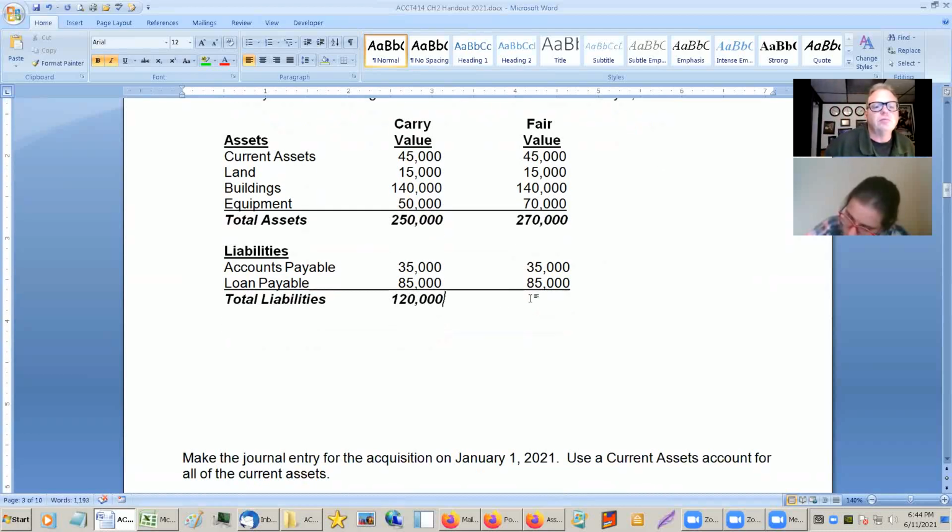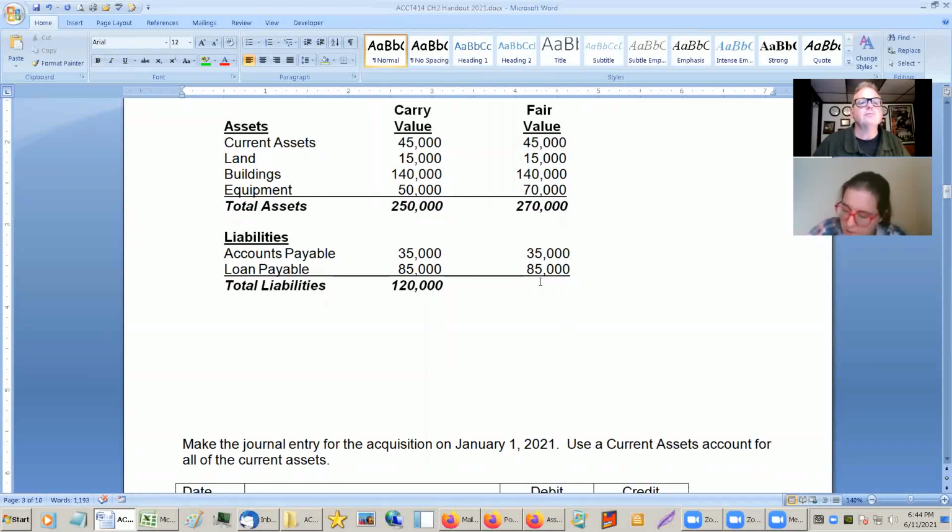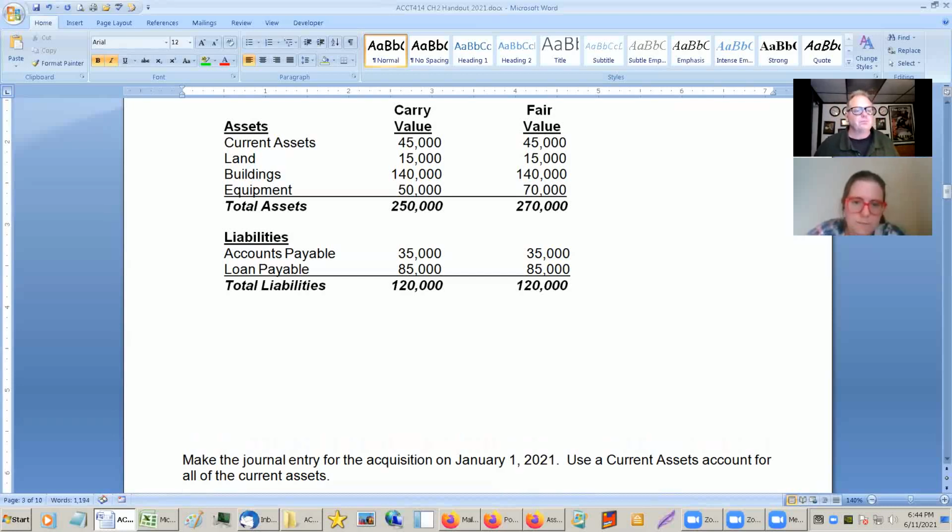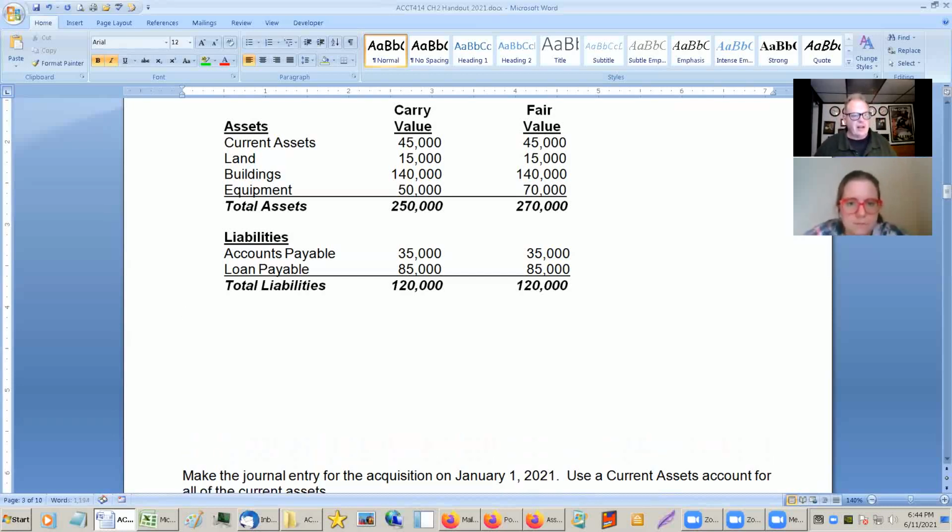So this would be worth 140. And what else would be 120? Okay, so the net assets.